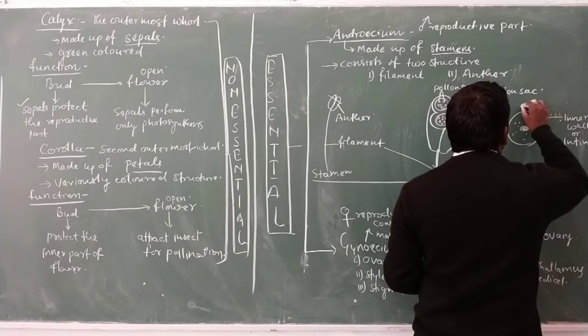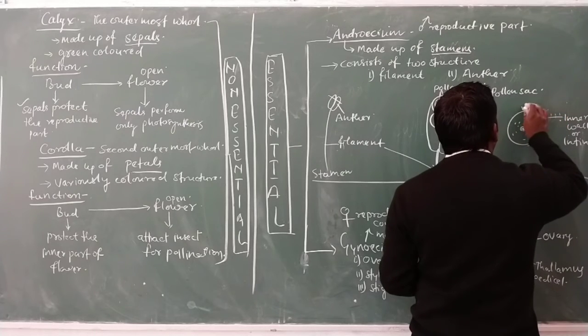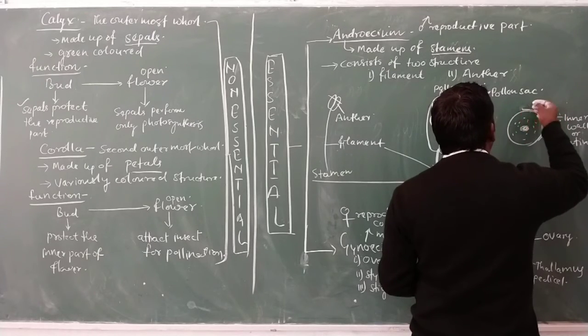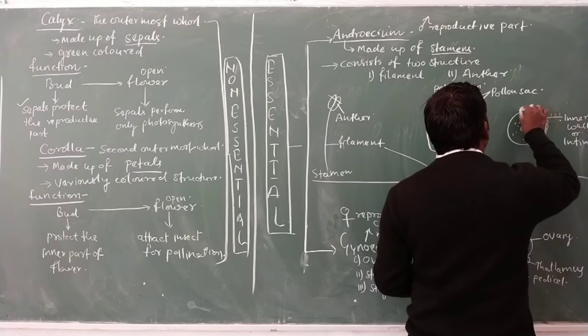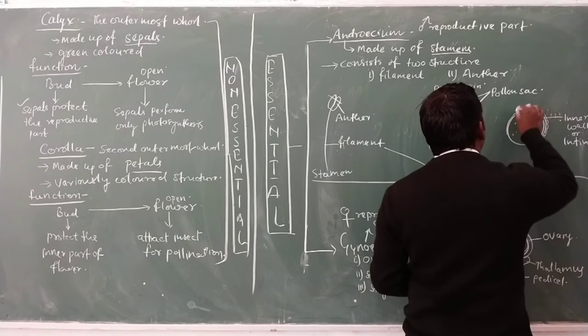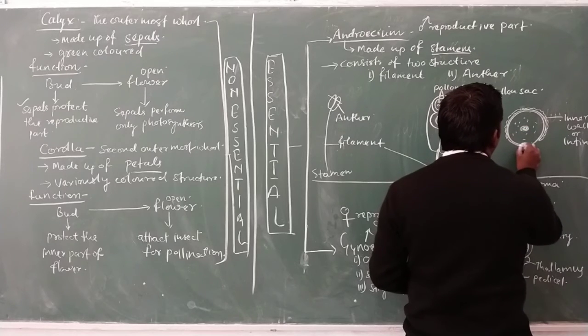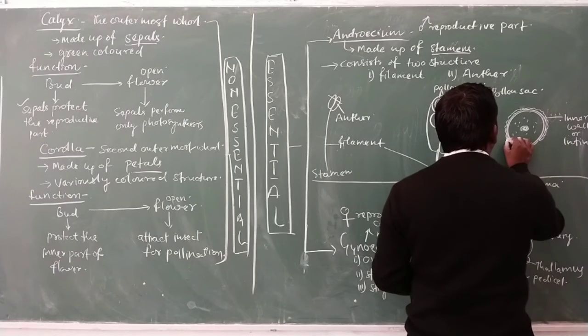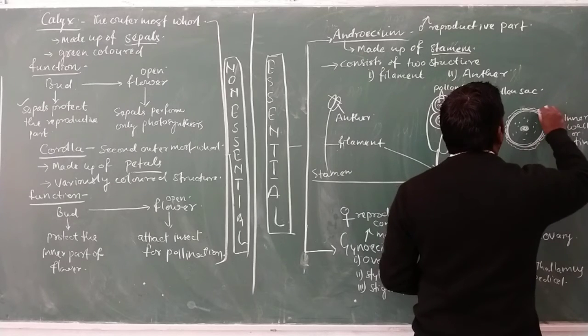After the inner wall, there is an outer wall, and this outer wall is known as exine.